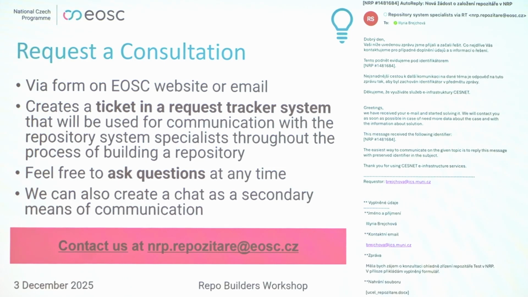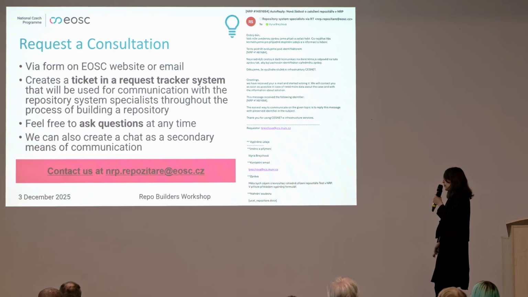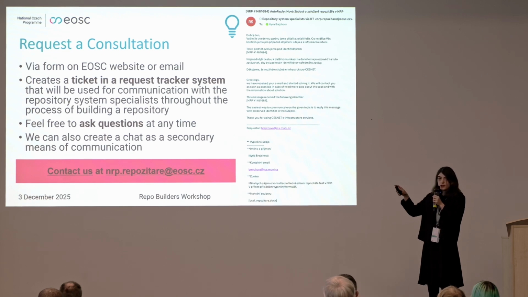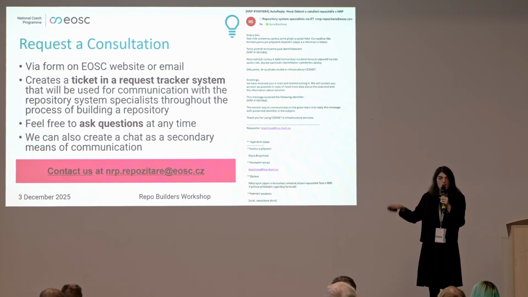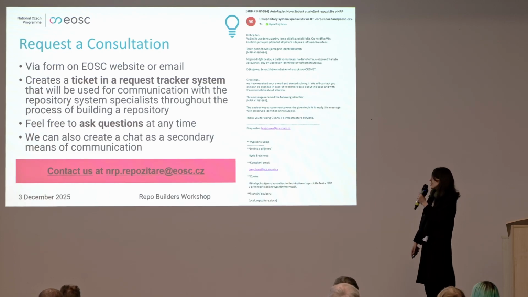So it serves for us to have something specific to talk about, to prepare some questions so that in the actual consultation we can talk about factual things and not just generic motivation. You can request us through a form on the website of EOSC or write directly to the email address, but who wants to remember that?